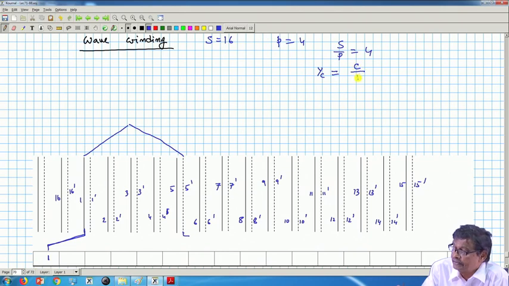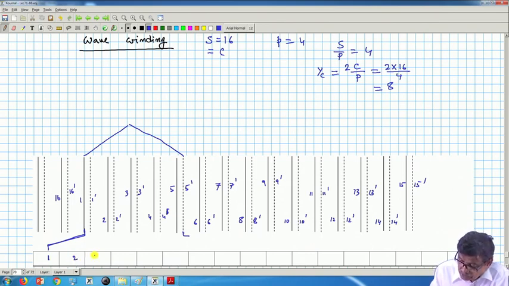C by P, the number of commutator segments is equal to C. So, 2 pole pitch apart will be 2 into 16 by 4, that is equal to 8. So, this 5 dashed I will terminate after 2 pole pitch apart, means in commutator segment number 1 plus 8, 9.